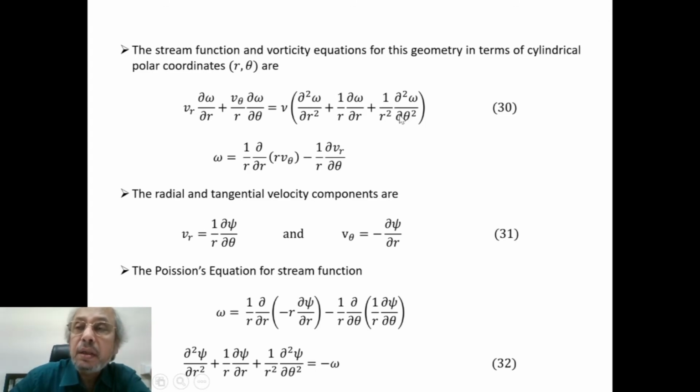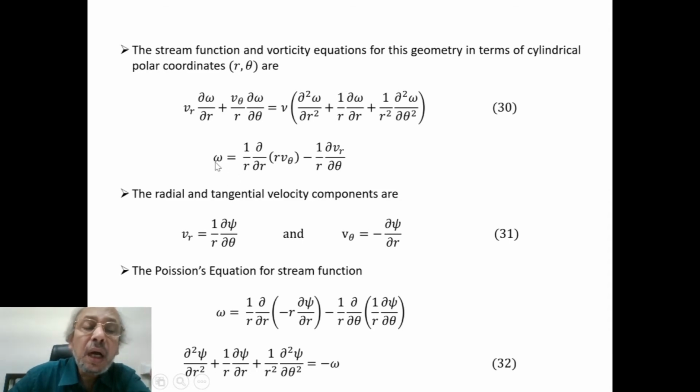In the cylindrical polar coordinate system, this is the expression for the Laplacian: del 2 omega del r2 plus 1 by r del omega del r plus 1 by r square del 2 omega del theta 2.